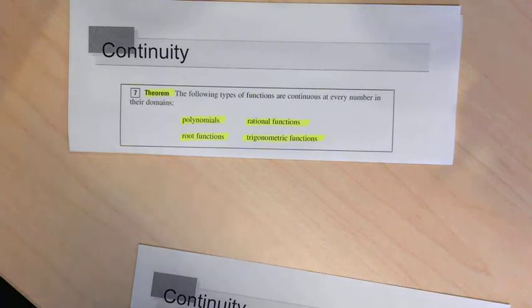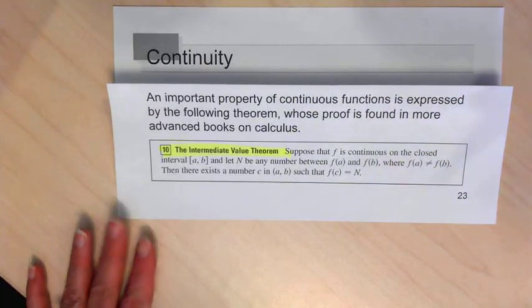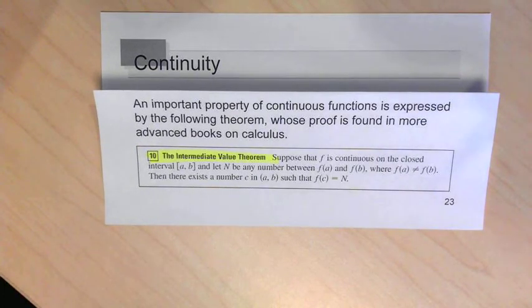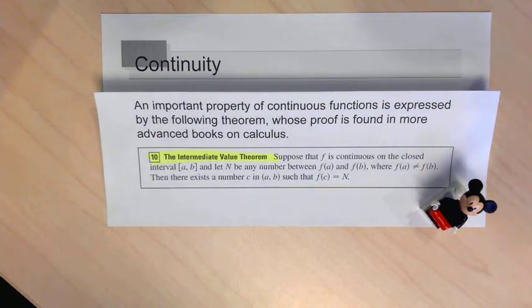So you could simply state by theorem 7. And then the last thing this video will touch on is the intermediate value theorem. We'll talk a lot more about the intermediate value theorem in class, but for now, make sure that you've written that and that you've read through it a few times. And when we get to class, we'll discuss the intermediate value theorem more thoroughly.